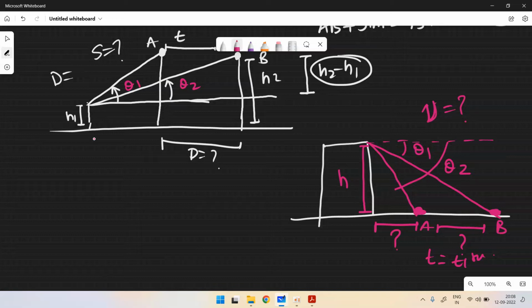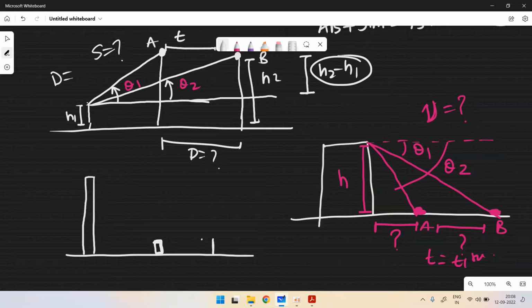Suppose there is some length of this object in the same question. Suppose this is the height of the building, and there is a truck with an almirah, which is getting lifted from A to B. The height of the almirah is not known, but let's say this is h1.